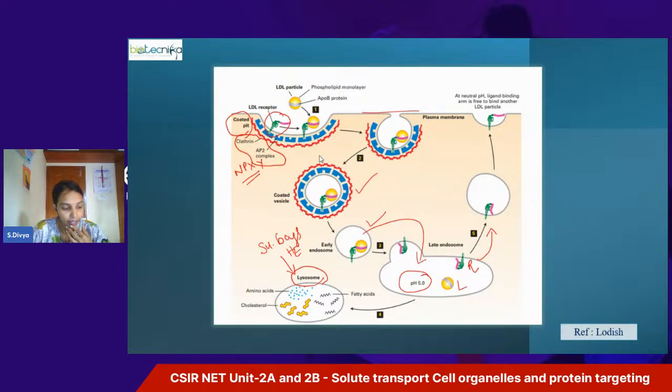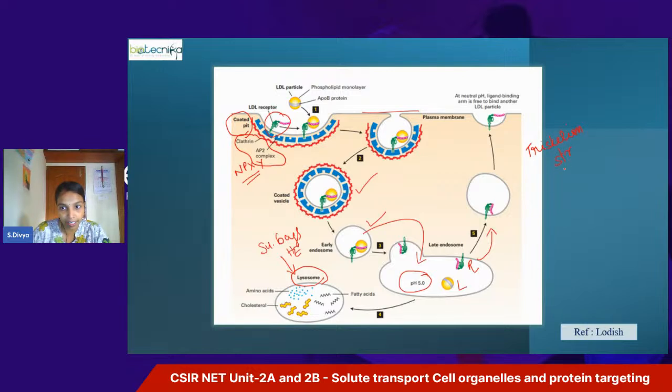Yeah, that's the same thing I was asking Sunshine. How is this pit being constructed, or what is the structure of these coated pits? They are synthesized in the... Yes, yes, that's the point I wanted to hear from you. It is known as the triskelion structure.